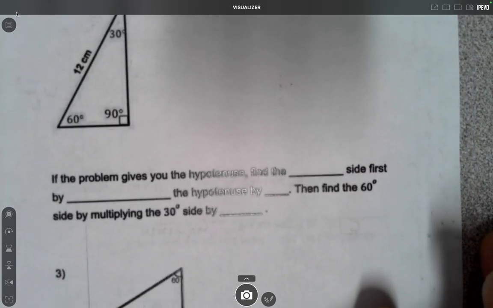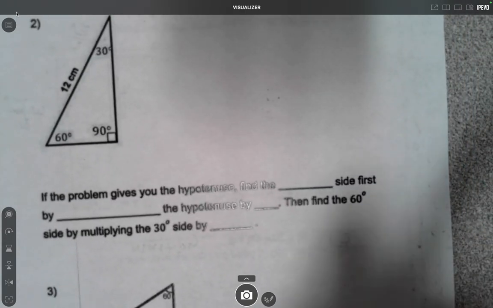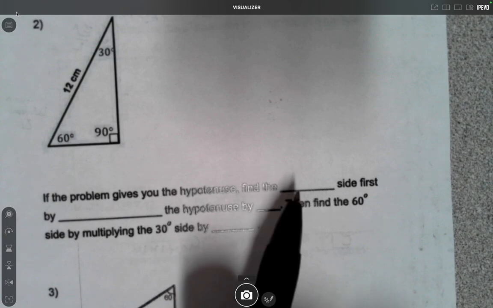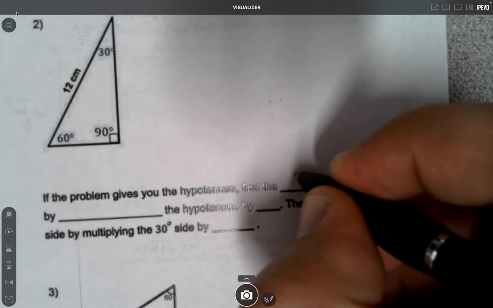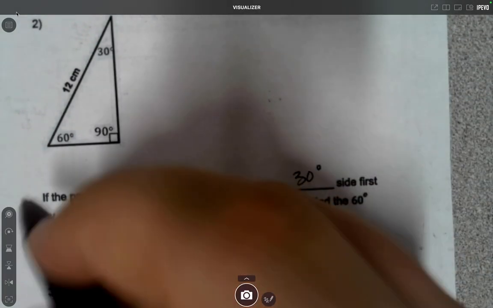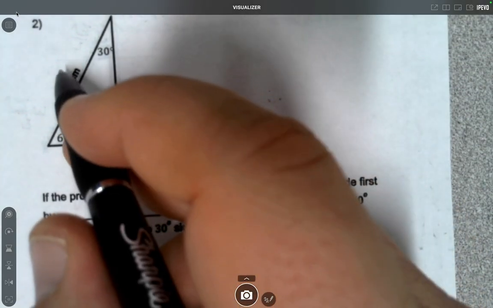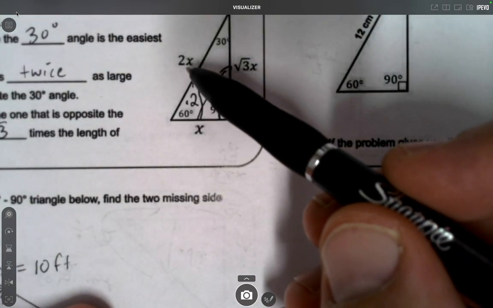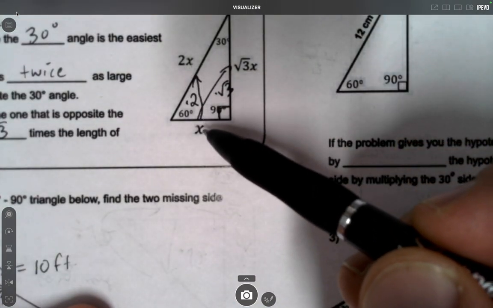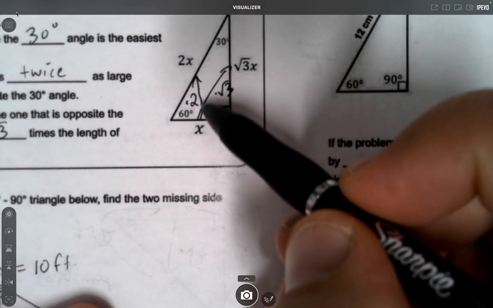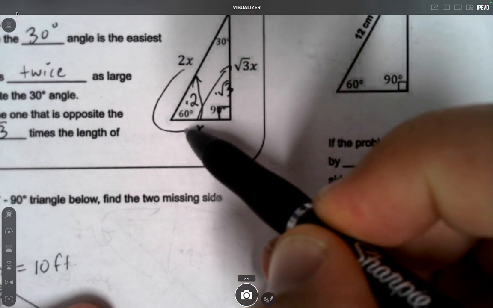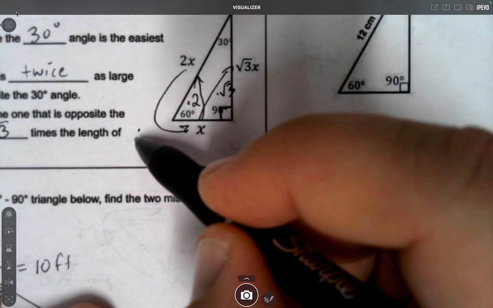So here, they gave us the hypotenuse first. If the problem gives you the hypotenuse, find the 30 degree side first, because this is the side that's easiest to work from. So we're going from the hypotenuse to the side opposite 30. If you look here, the hypotenuse to the side opposite 30 degrees, we're moving backwards, so instead of multiplying by 2, we will divide by 2.